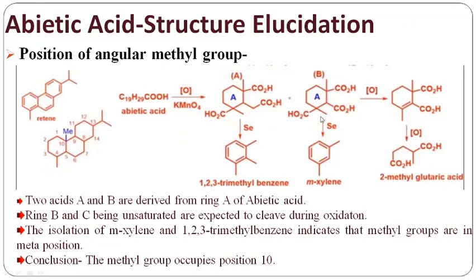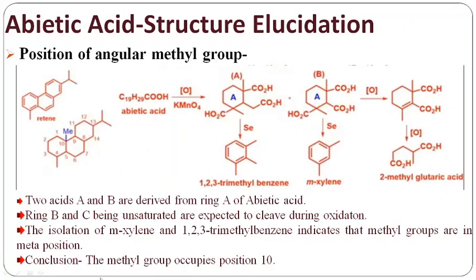Similarly, in tricarboxylic acid C, on selenium dehydrogenation this carboxylic acid has been removed, and here also this carboxylic acid has been removed. So one methyl group is at this position, and the other methyl group, the most probable structure, is this angular methyl group.